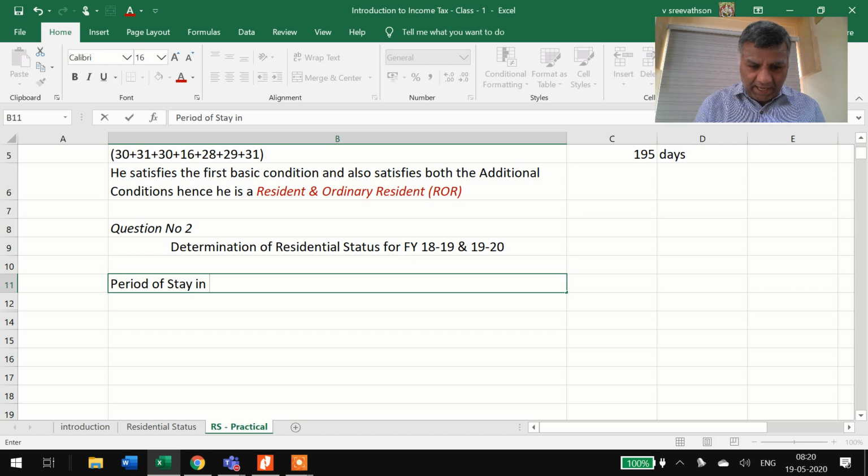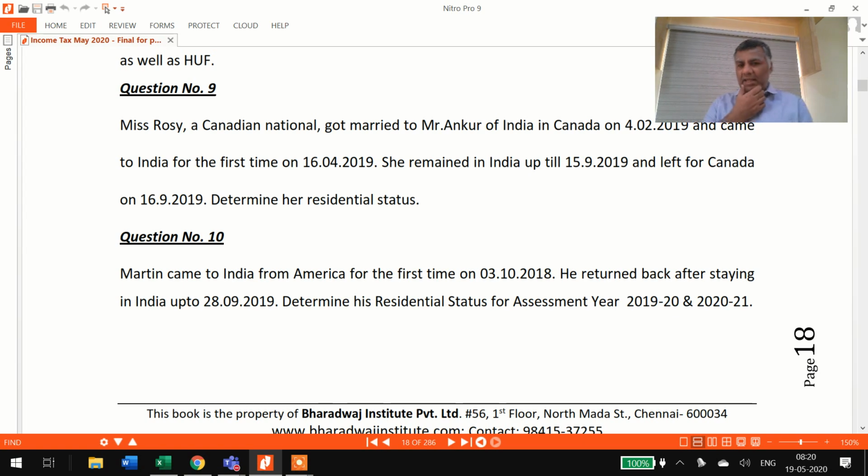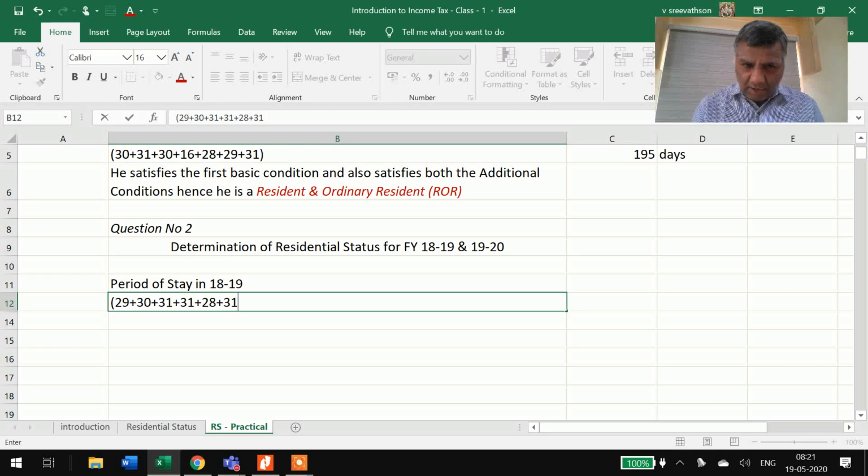Period of stay in 1819. He comes to India on 3/10/2018. So in October 29 days, November 30, December 31, January 31, Feb 28, and March 31.